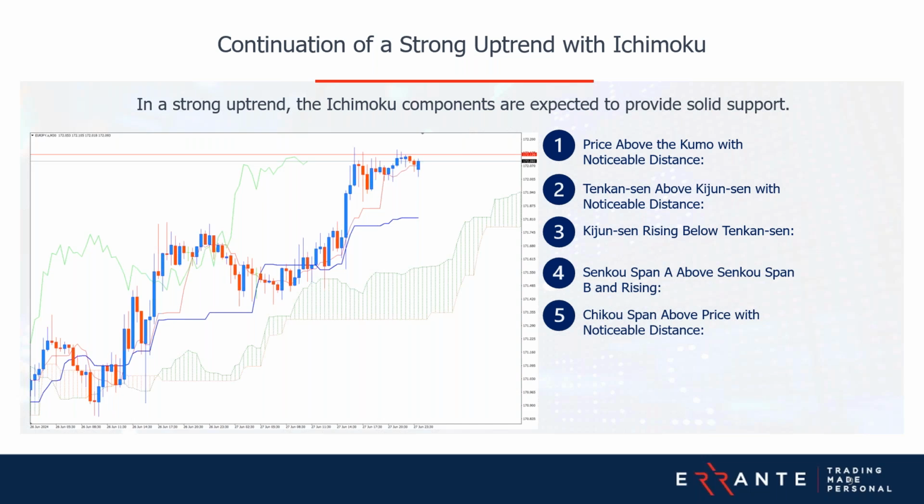And then the Chikou span keeps continuing above all the other components, should be above the recent price, Kumo, Kijun-sen, and Tenkan-sen, and a significant distance above the price line indicates a strong and sustained buying pressure.